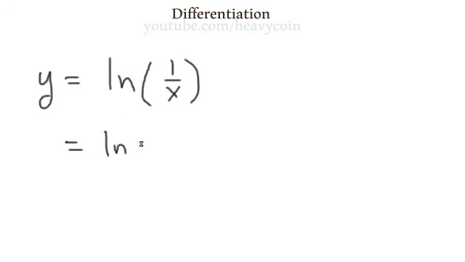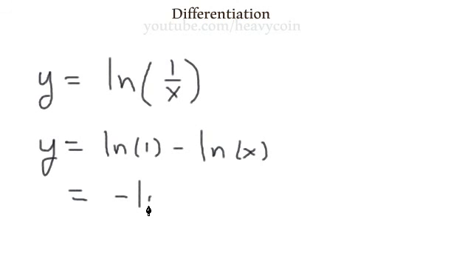So this can be rewritten as the natural log of 1 minus the natural log of x. So we're just rewriting this. This is the properties of the natural logs. So the natural log of 1 is 0. Okay, so we can just rewrite this as such. So you need to know the natural log of 1 is 0.